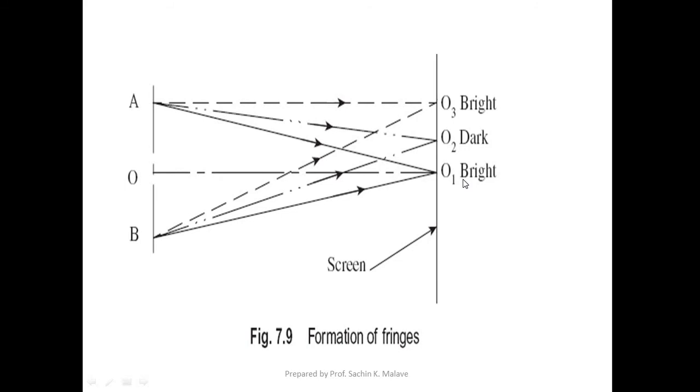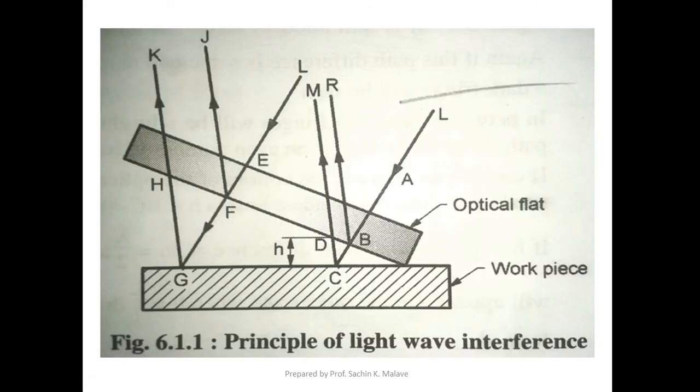Whenever you are taking any kind of readings with the help of the interferometer, on the interferometer screen you will always get a fringe pattern where there will be alternate layers of dark band and bright band, one dark band, one bright band, and that will continue like this. So this is the formation of the fringes.